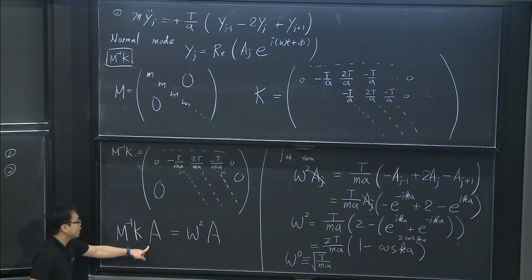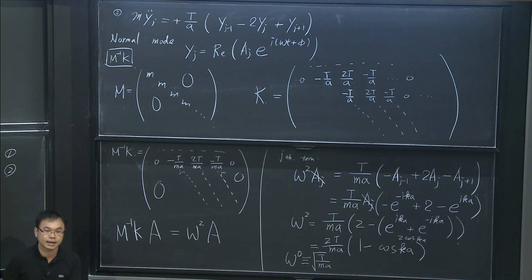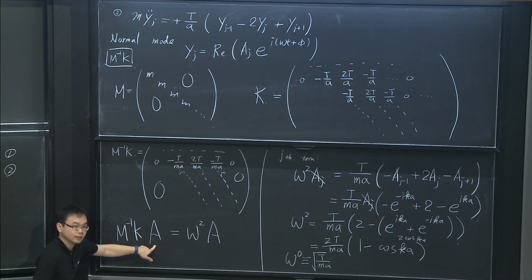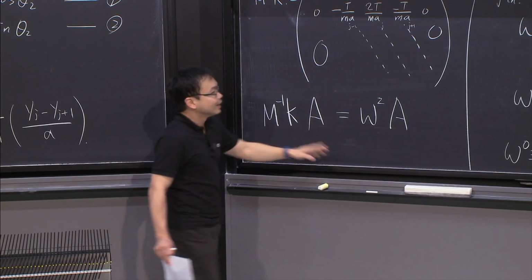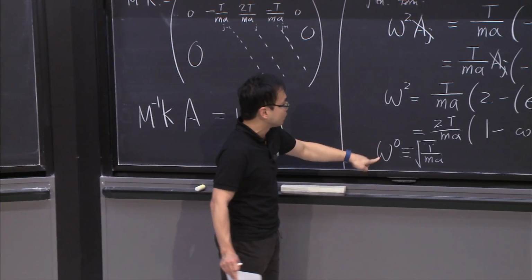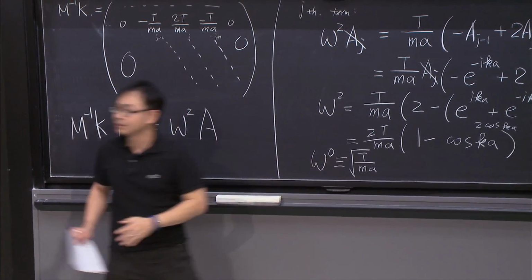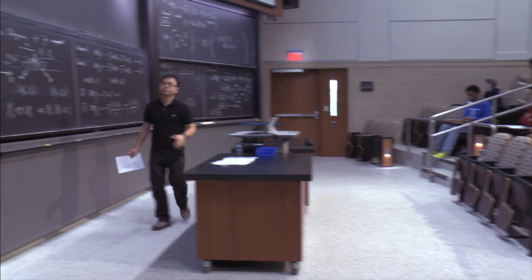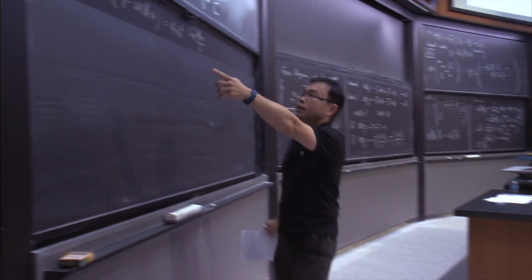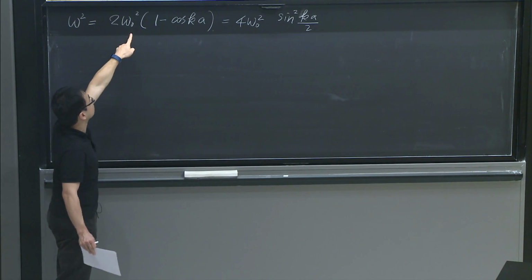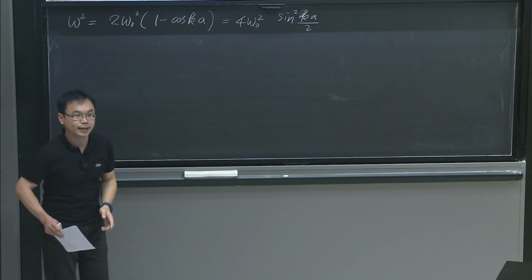And since we know that this matrix and the S matrix share the same eigenvector, I can multiply the matrix and the eigenvector of A. Then I will be able to solve the functional form of omega squared, which is given here. Omega squared is equal to 2 omega 0 squared times (1 minus cosine ka).